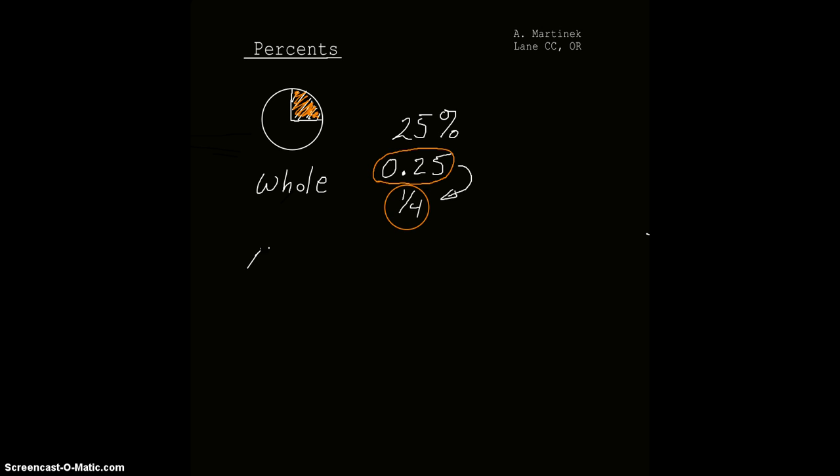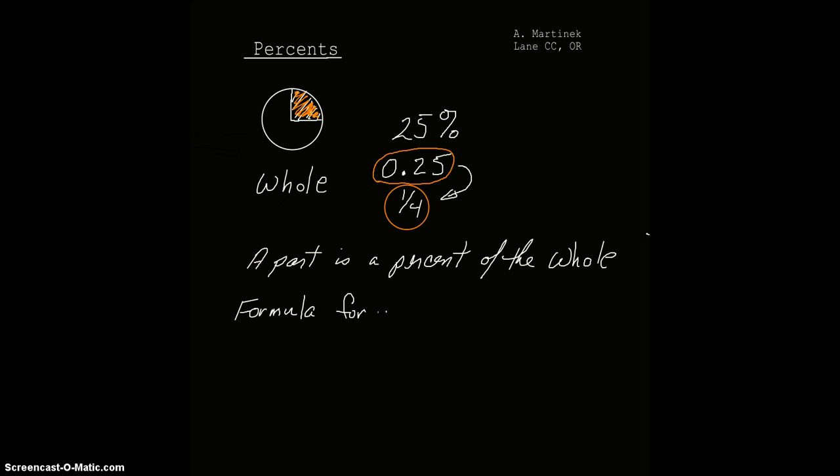I get a part that is a percent of the whole. Now we can write this in a formula, and when I use it in a formula, I'm going to use the decimal or fractional form.